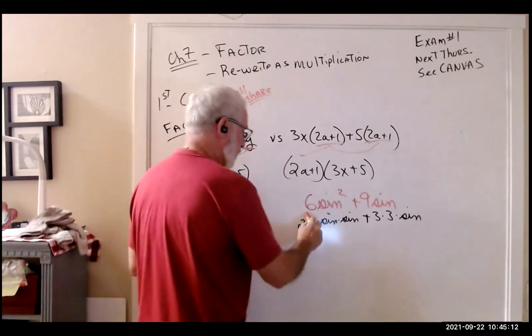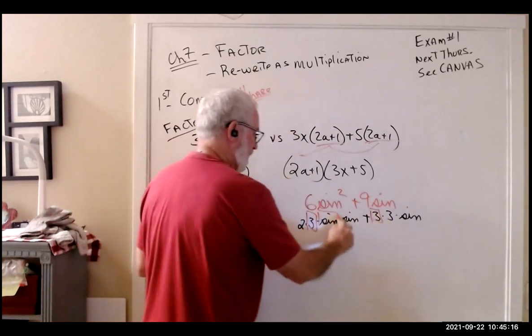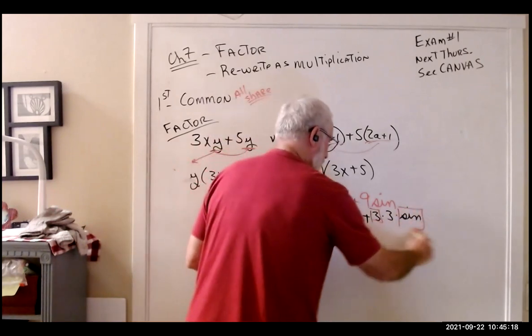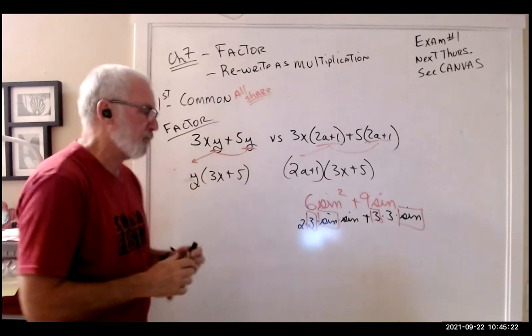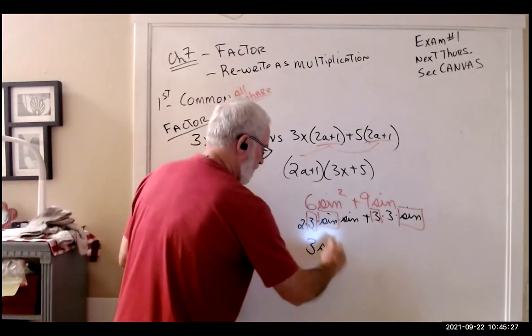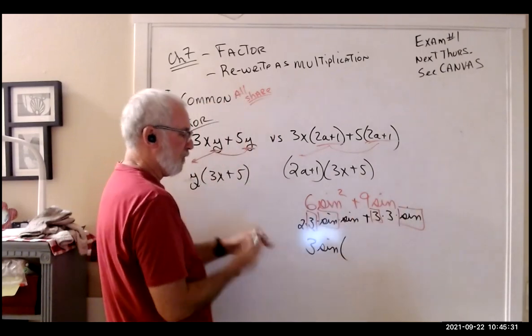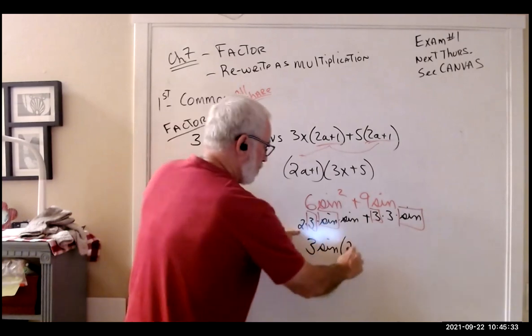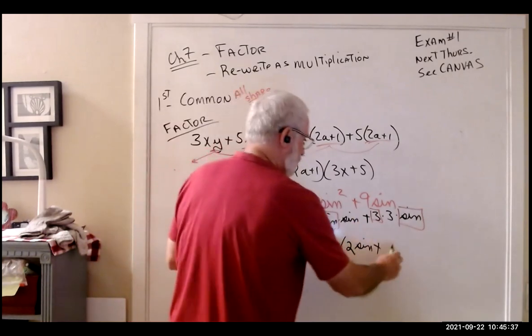They both have a 3. They both have a sine. So we pull it out front. They have a 3 and a sine that they pull out front. And what falls together? The 2 and the sine plus a 3.